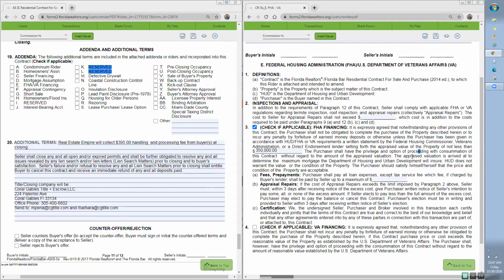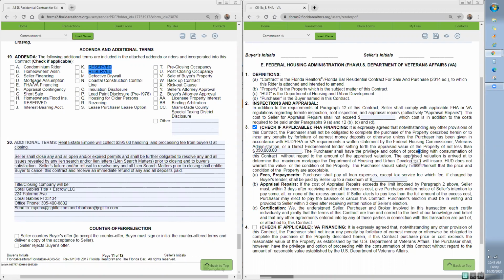Meaning, if the appraisal comes in at $348,000, the purchaser has the ability to speak to the seller and say, hey, let's lower the price to $348,000. Or the purchaser has the ability to say, I'm okay with $348,000. Let's do the loan, tells the bank, let's do the loan for $348,000, and I will pay the difference of those $2,000.